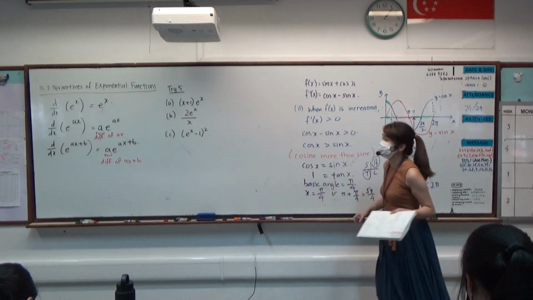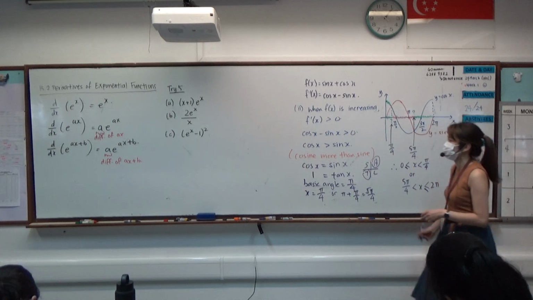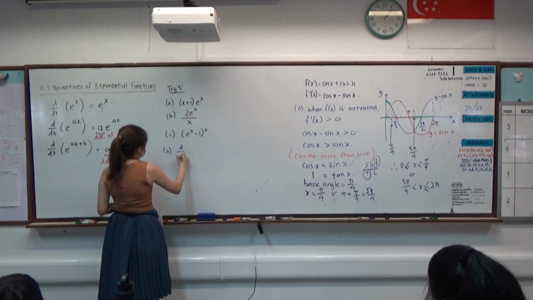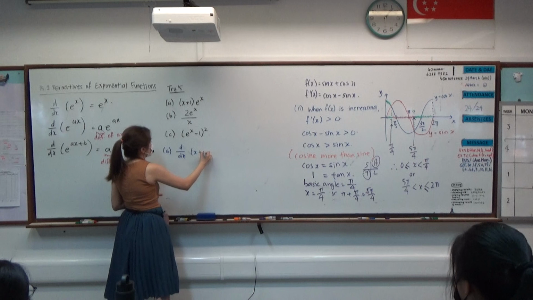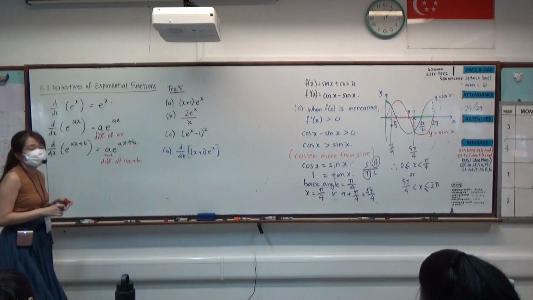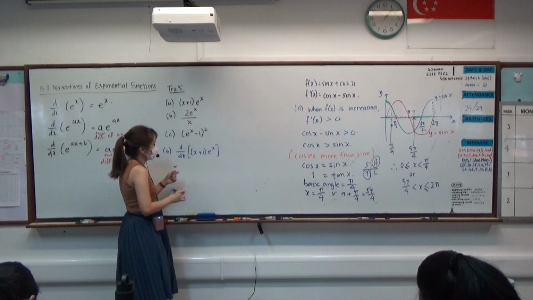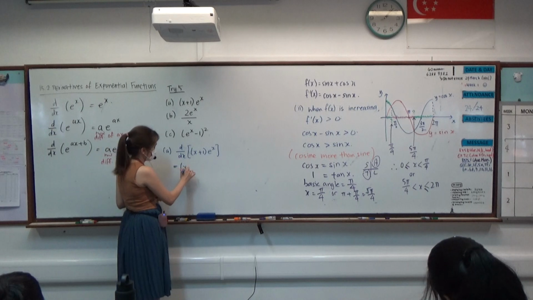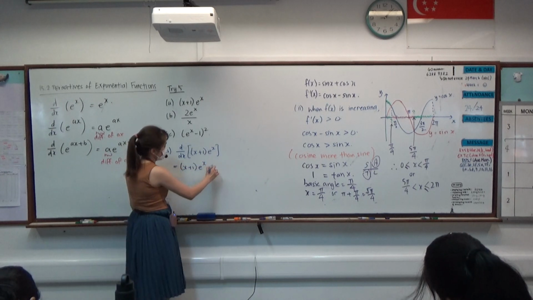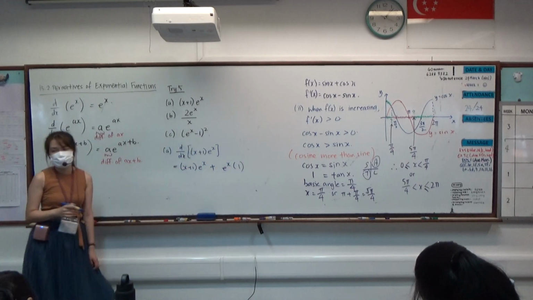In try 5, we want to differentiate all this. Your product rule, quotient rule all come in the same way. So if I were to differentiate x plus 1 times e to the power of x, product rule applies: keep the left, differentiate the right, which is still e to the power of x, plus keep the right, differentiate the left, which is going to be 1.